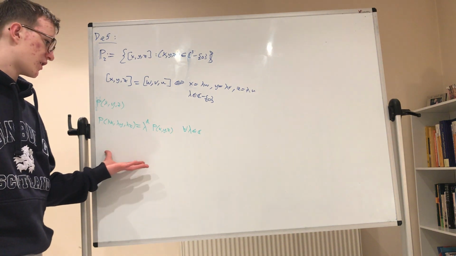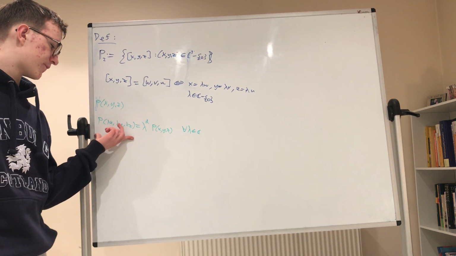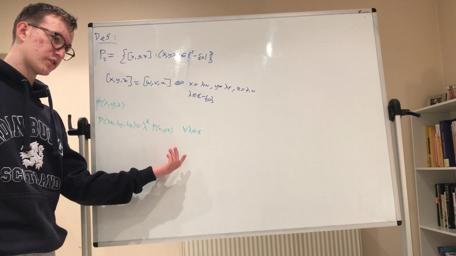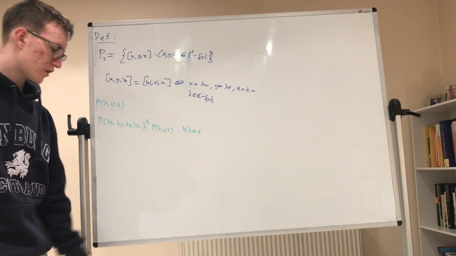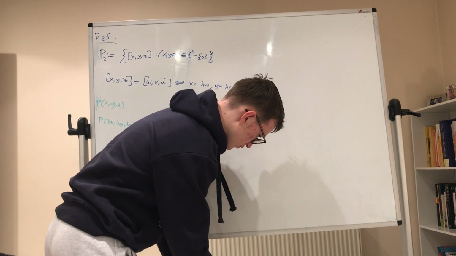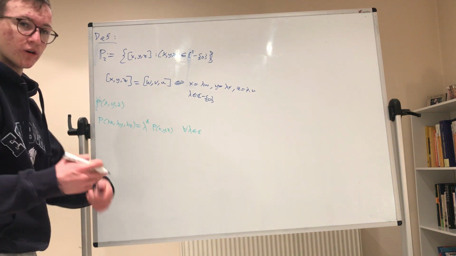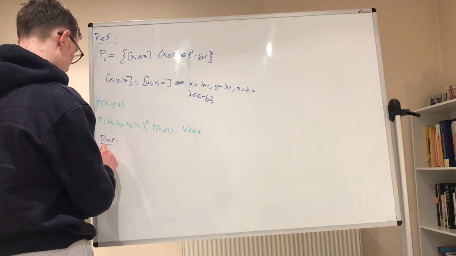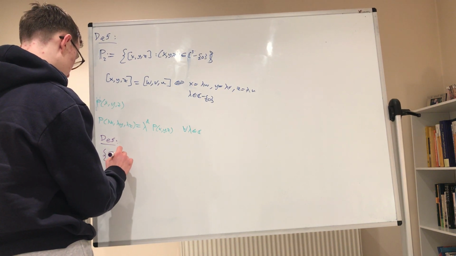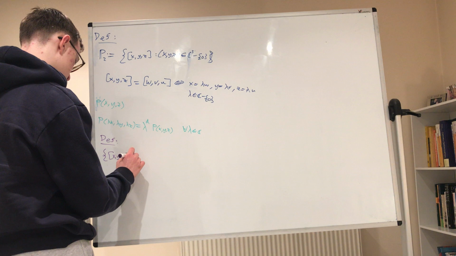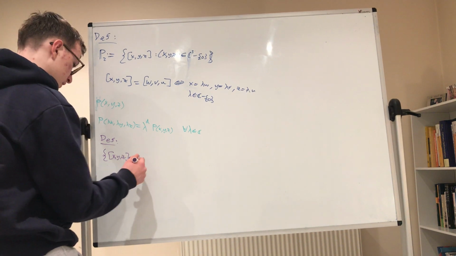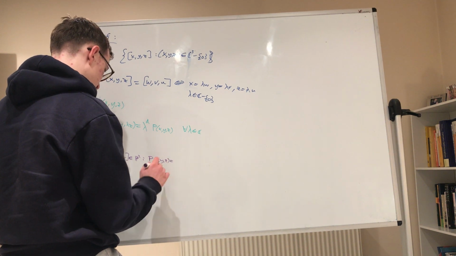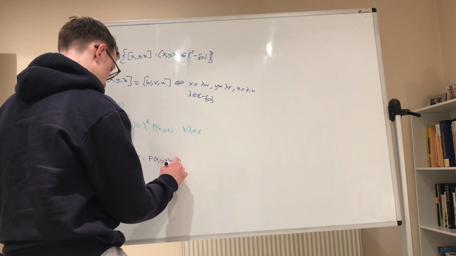And so with this definition in hand, if we have a homogeneous polynomial of degree d, then a complex projective curve is defined as the set of all of these equivalence classes such that P of x, y, z is equal to 0.